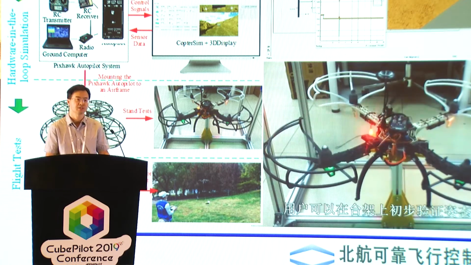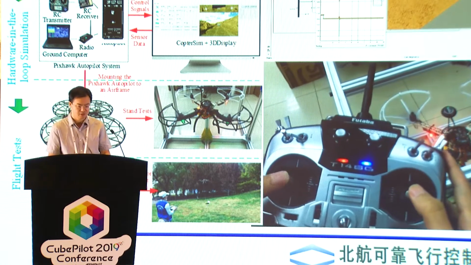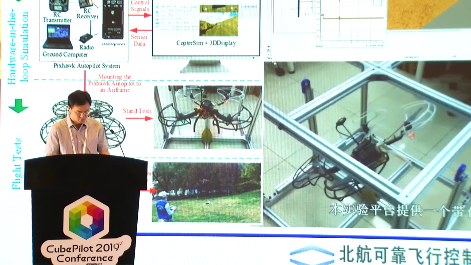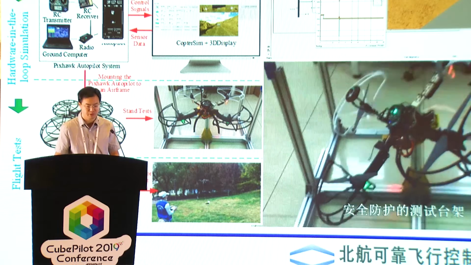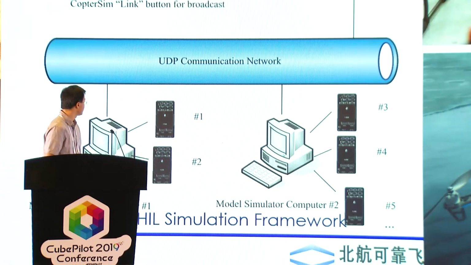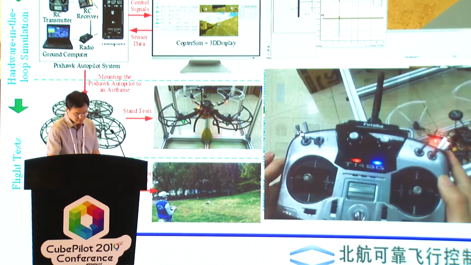In a word, three steps are performed, namely software in the loop simulation, hardware in the loop simulation, and the flight test. By this method, we can design and also test in different phases. This will speed up our design process.